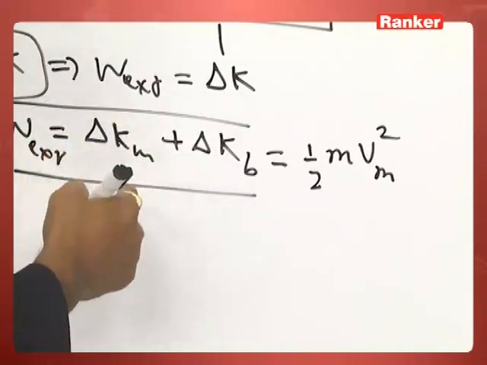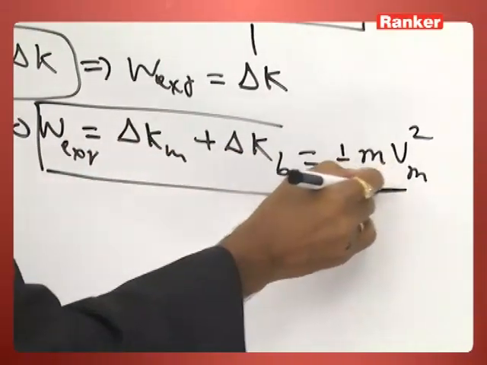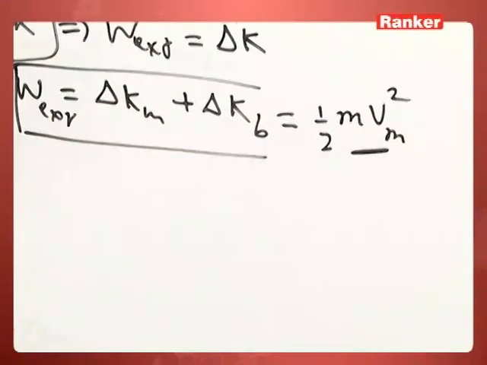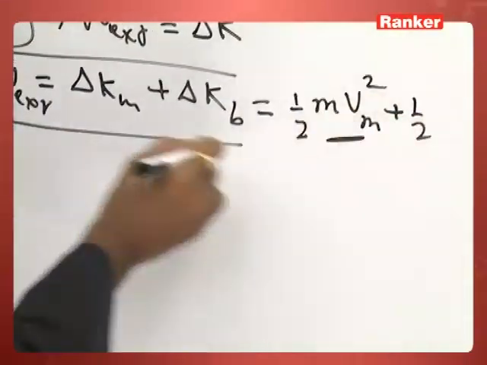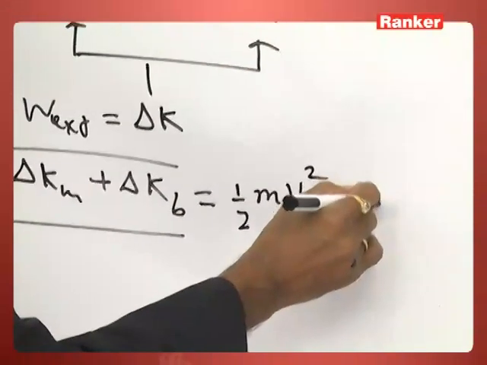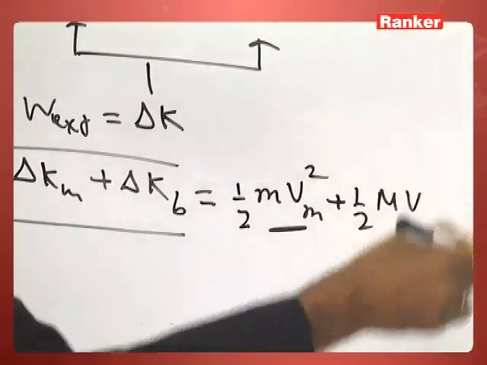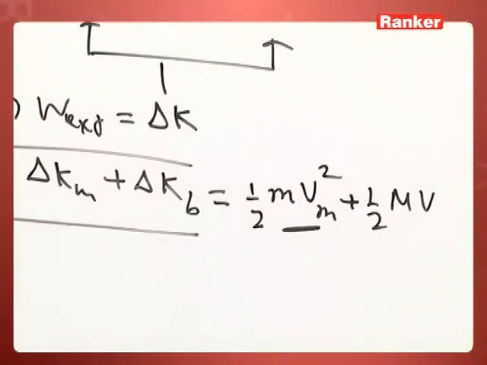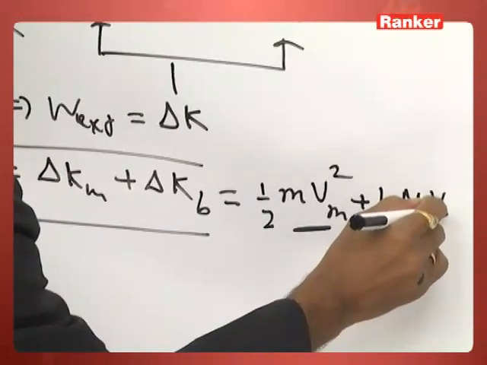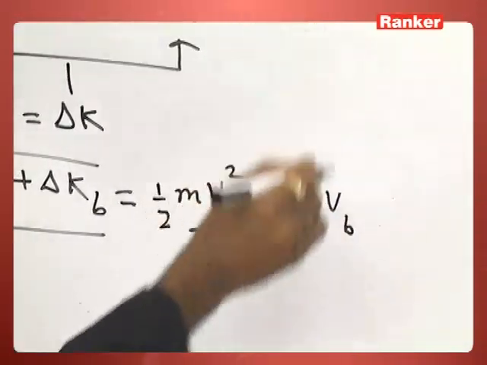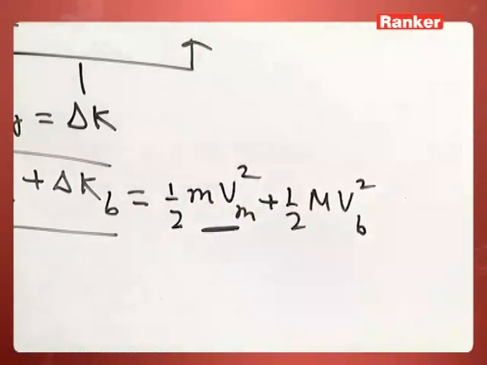Initially your kinetic energy was 0. So change in kinetic energy is equal to your kinetic energy just after jumping plus the change in kinetic energy of the boat, which is the kinetic energy of the boat just after the jumping of the man. The boat's velocity with respect to ground is Vb, squared.